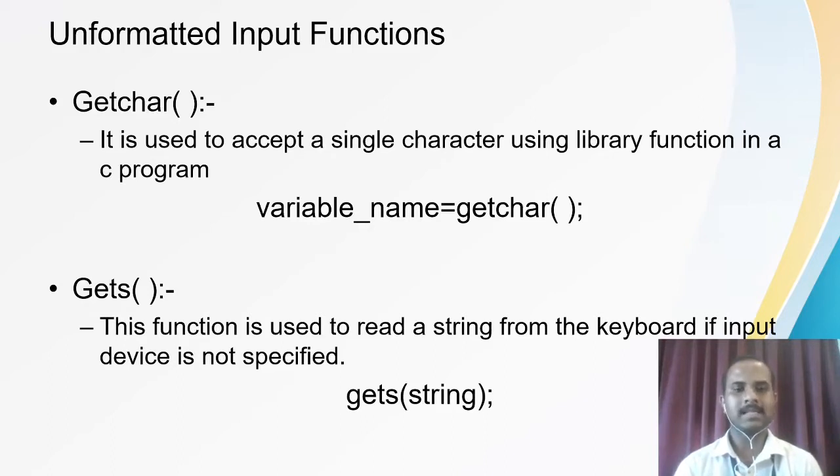The syntax is variable name is equal to getchar, where the data type of the variable will be character type. As soon as this line gets executed, the getchar function will get the data from the keyboard or any input device and store it in the variable name.